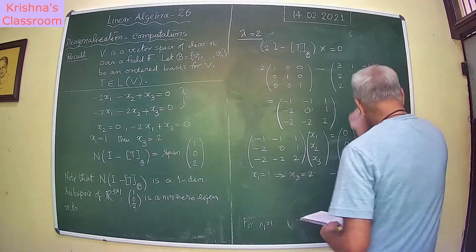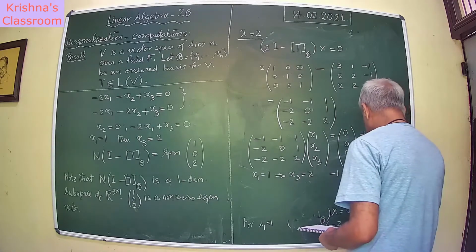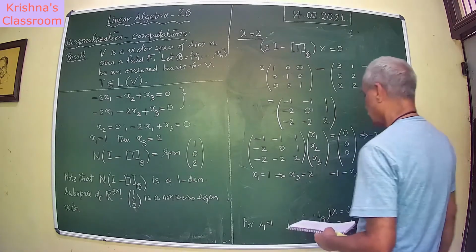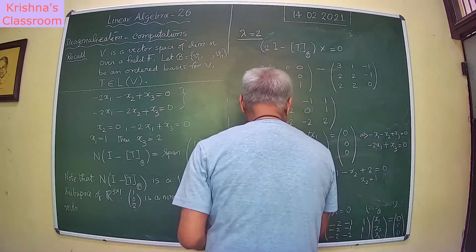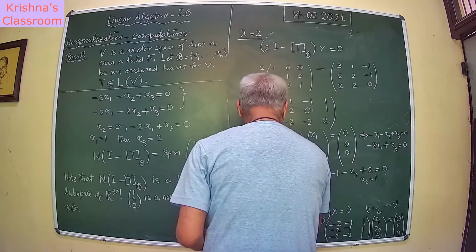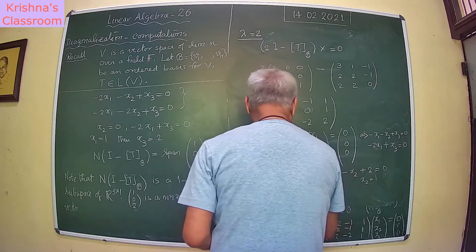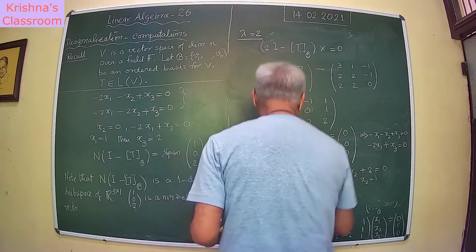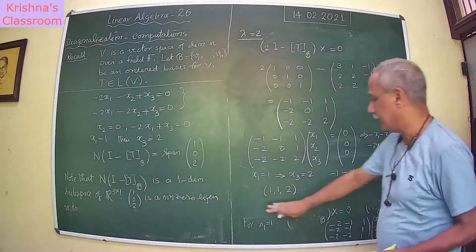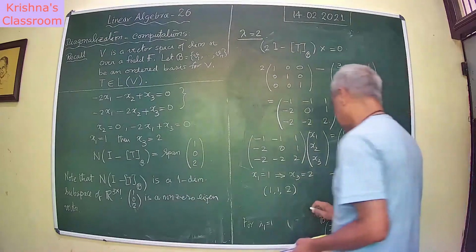Therefore this gives, therefore the vector that you get is this: x1 is arbitrarily chosen, 1, then x2 equal to 1, and then 2. So this is an eigenvector. Okay?